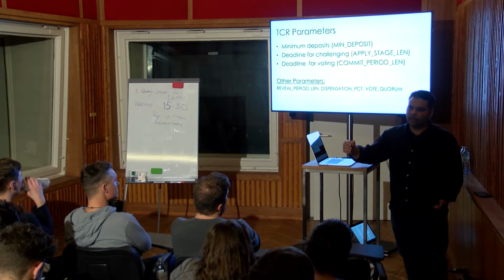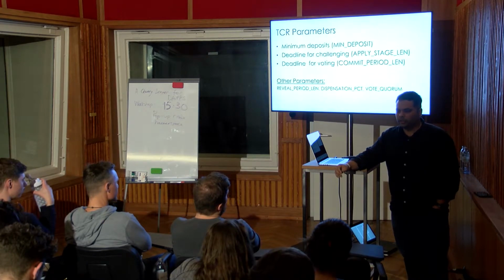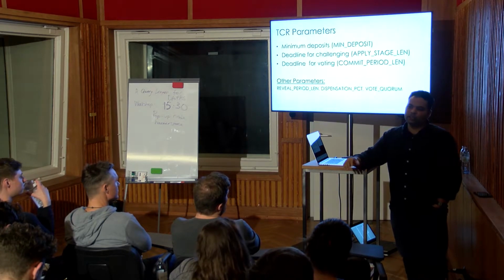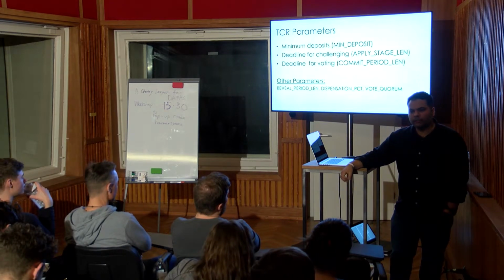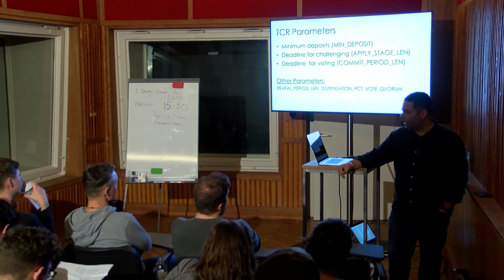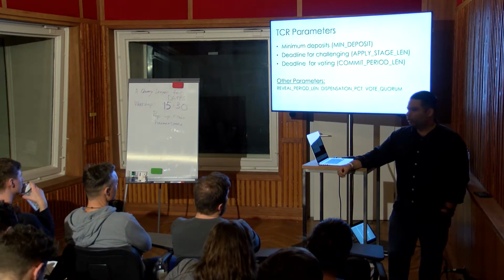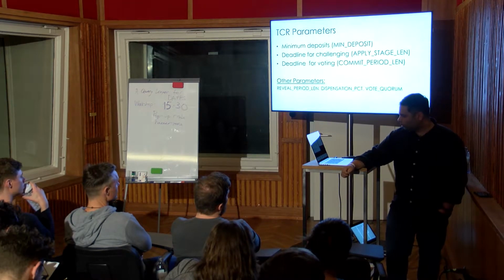If you have a majority of more than 50%, then it goes to the winners, or the proposal has lost. Similarly, it can be any other percentage as well. So these are the parameters which are bound to each and every token curated registry, and they are also decided by the community, so that everybody is playing with the same rules.